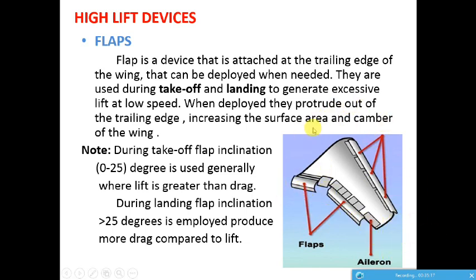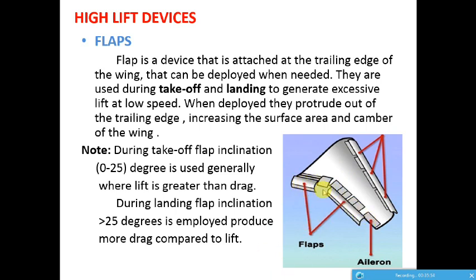I think this is a tapered wing, actually a swept back wing of a passenger or high cruise speed aircraft. These are flaps. There is one outboard flap and one inboard flap. And these are nothing but slats. Slats will always be placed at the leading edge of the wing, and flaps will always extend at the trailing edge of the wing.